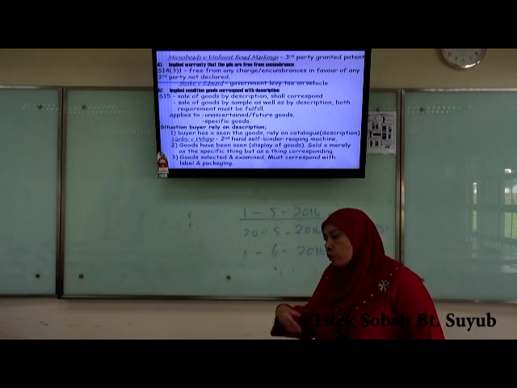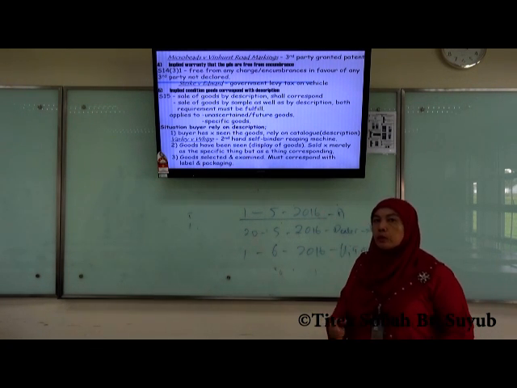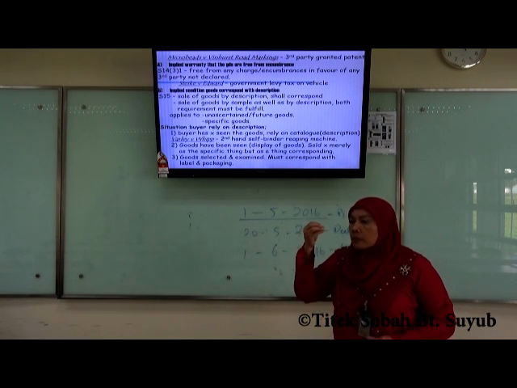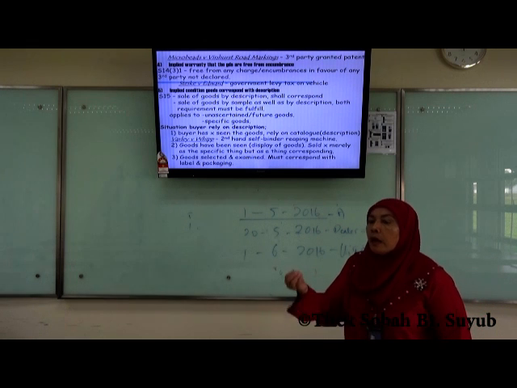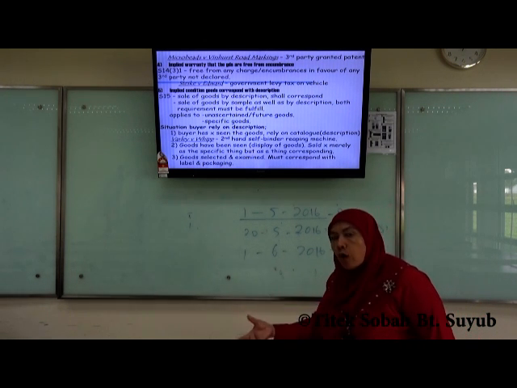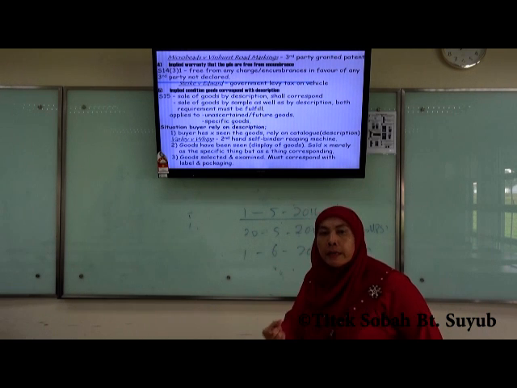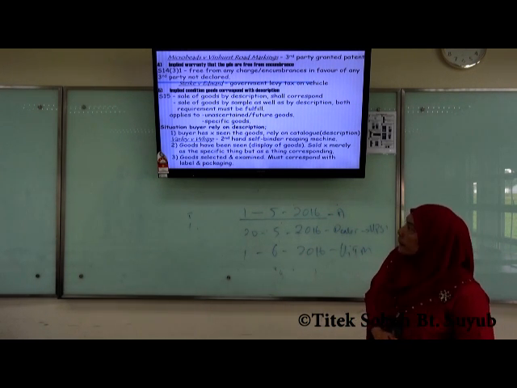Kuih Raya, rasa dulu. Taste the cookies, and you saw the sample of the cookies. So when the customer receives the cookies, the Kuih Raya have to be similar to what they have tasted and what they have seen. Not only does it have to comply with the description, it also has to be similar to the sample which has been seen by the buyer.